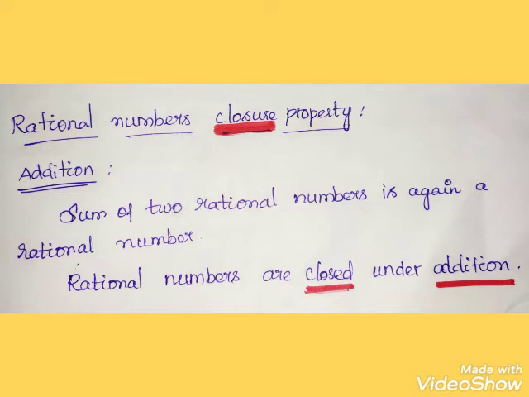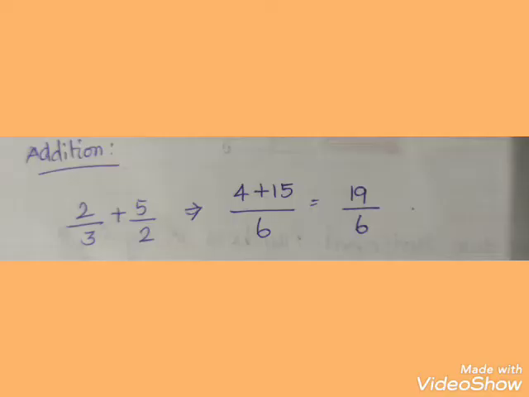Let me see one example for this closure property of addition, which is 2 by 3 plus 5 by 2. 2 by 3 is a rational number and 5 by 2 is also a rational number. We are going to add these two rational numbers. First we are going to take the LCM of 3 and 2.